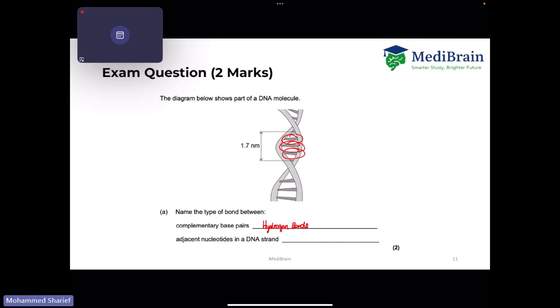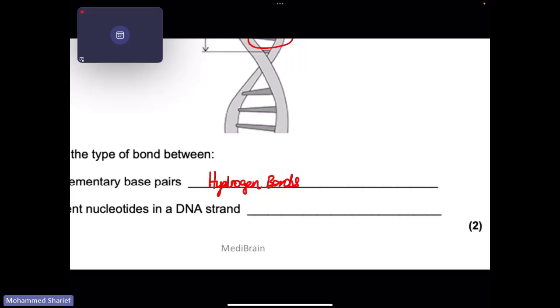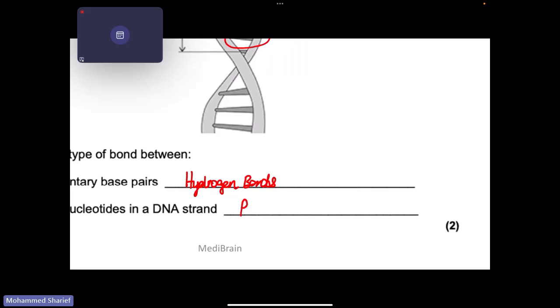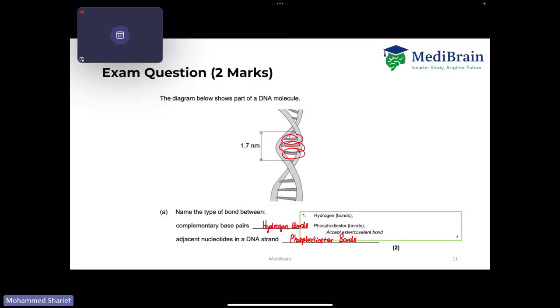Remember, between nucleotides, between the deoxyribose of one nucleotide and the phosphate of another, we've got phosphodiester bonds being formed. Okay, hydrogen bonds, phosphodiester bonds. It also says accept covalent bond, but that will not always be the case. So just write phosphodiester bond to be on the safe side.